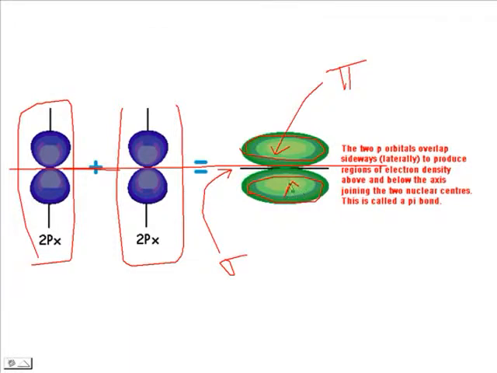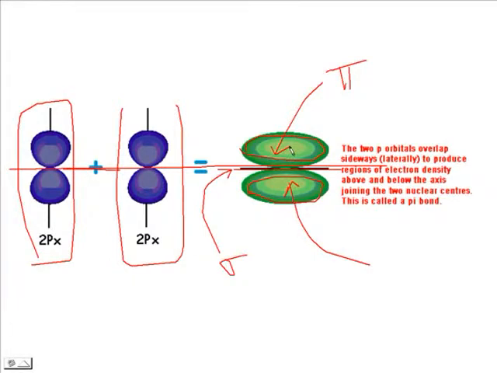So the electrons are actually occupying a region of space up above and down below 90% of the time, up above and down below the axis where the 2 nuclei are in line with one another, or where any kind of a sigma bond might be taking place. This only counts, though, as just 1 pi overlap.